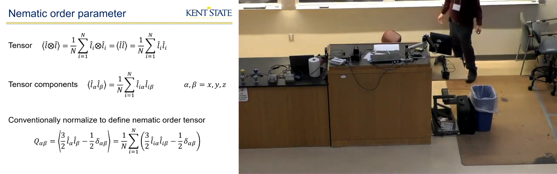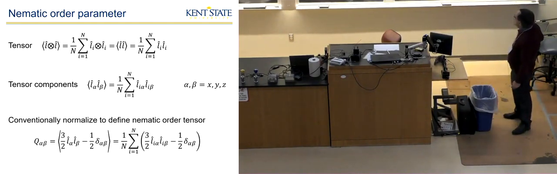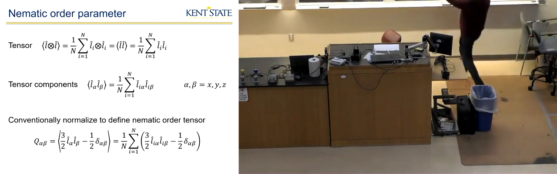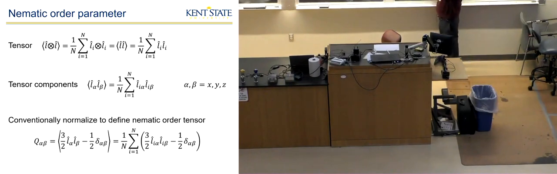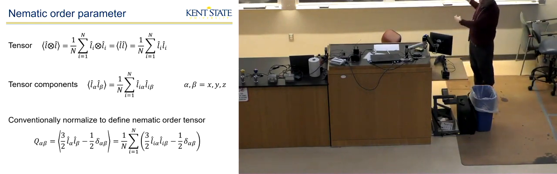And so you want to know, when you construct this thing, does it come out to be this? If it's this, then you're in an isotropic phase. If it's something other than this, then you're in the nematic phase.